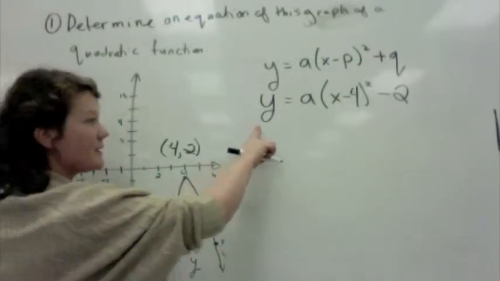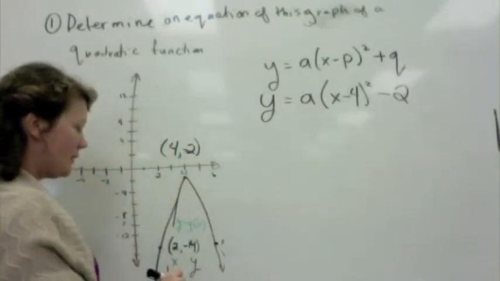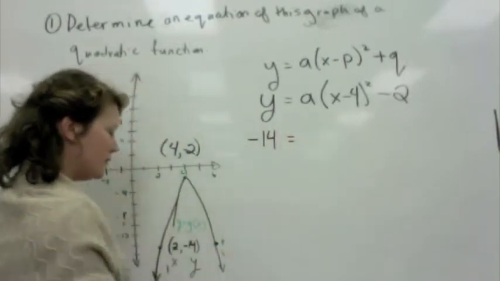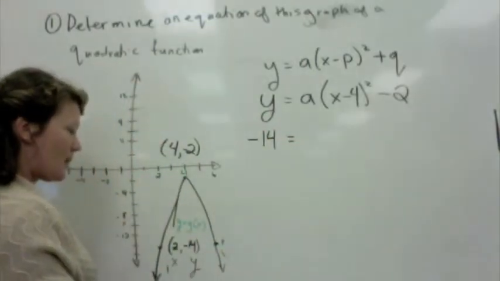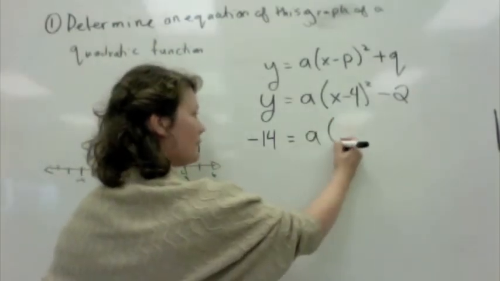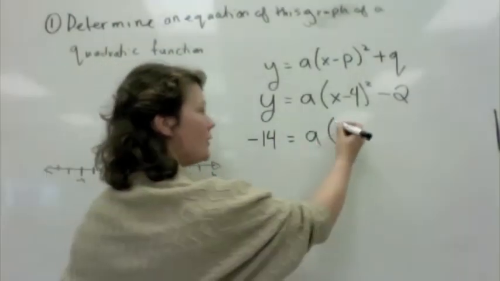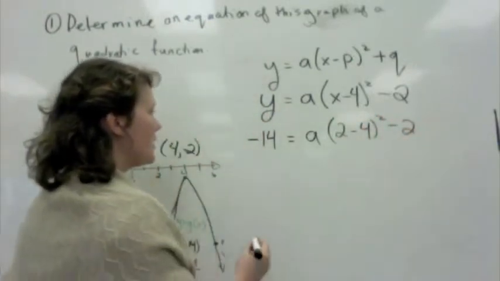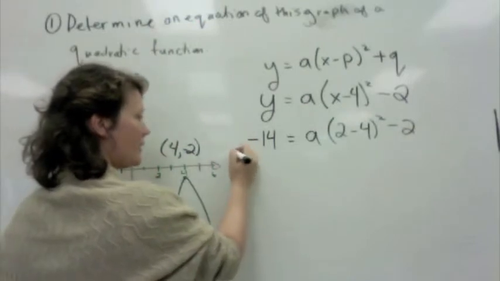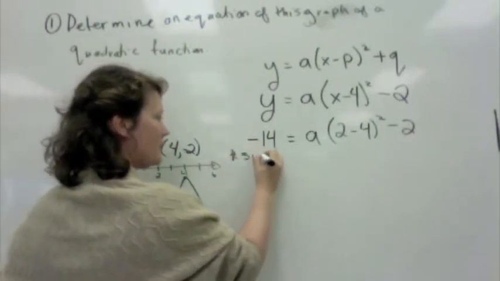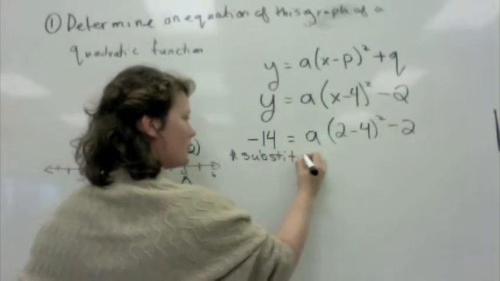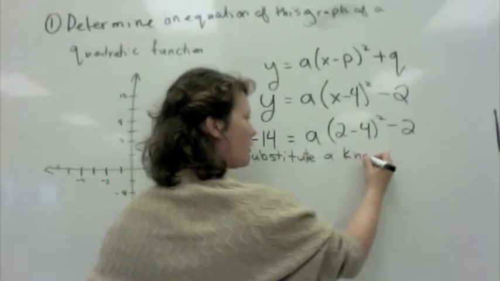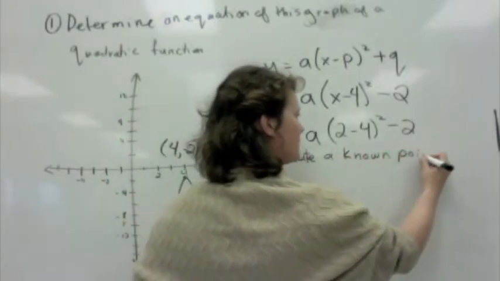And what we're going to do is substitute it in for our x and our y up here. So I'm going to say negative 14 equals a, then our x is 2, (2 minus 4) squared minus 2. So all I've done in this step is substitute a known point.